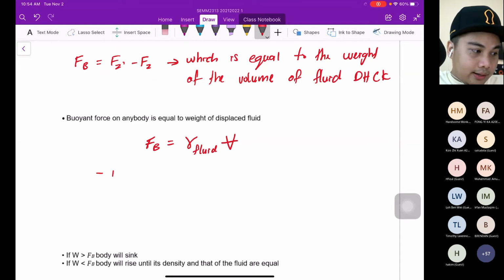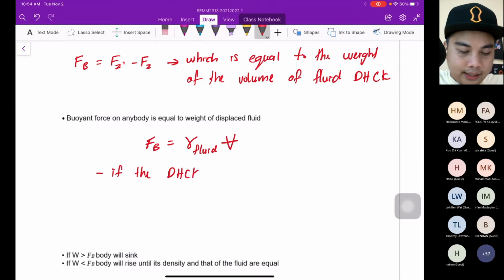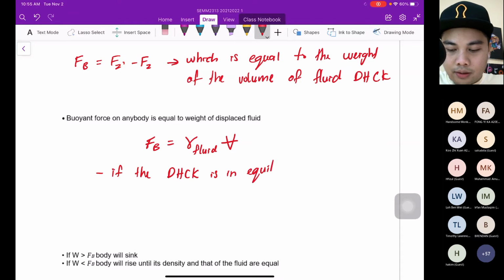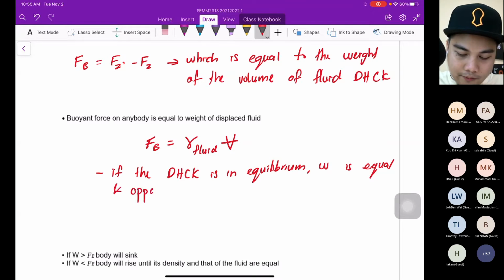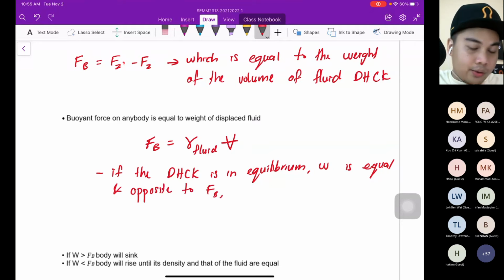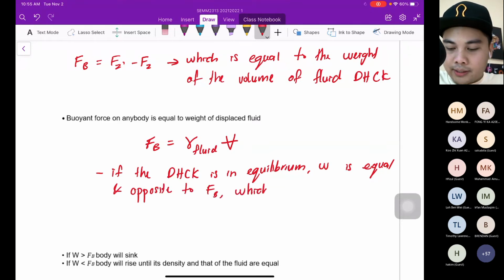And then if the DHCK, the purple color, is in equilibrium, W is equal and opposite to FB.